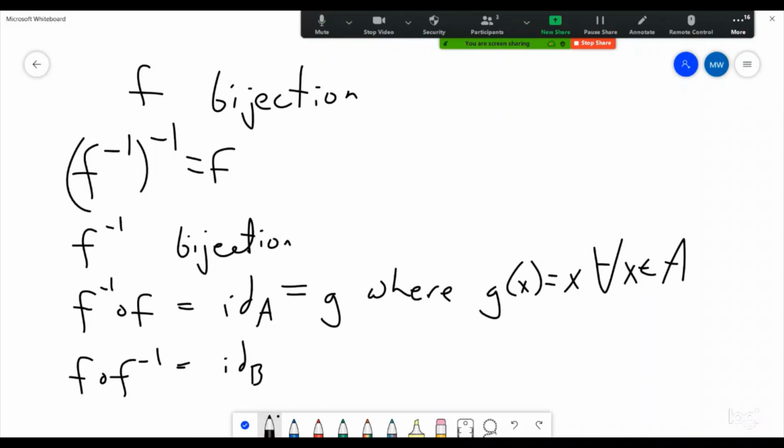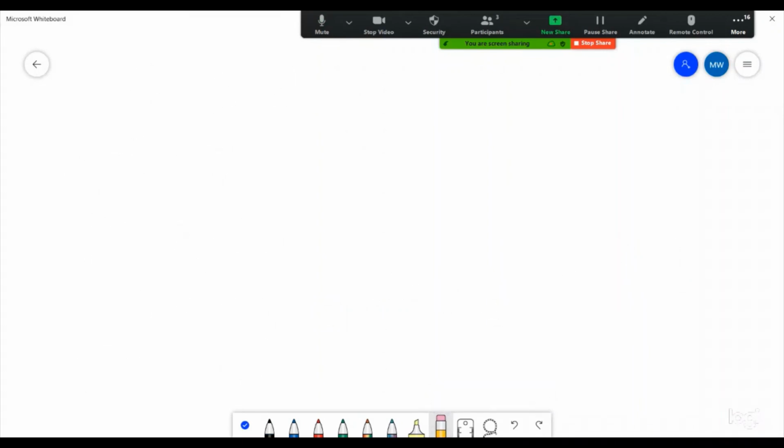Do you think that we can prove that one? This third one? Mm-hmm. Yeah. Okay. So we have f is a function from A to B, where f is a bijection.